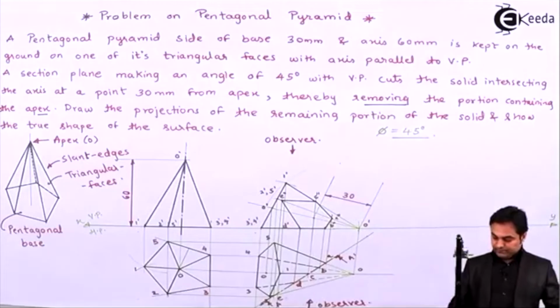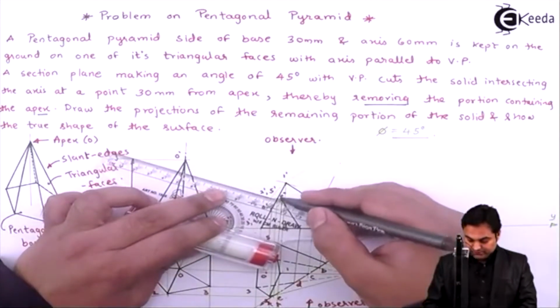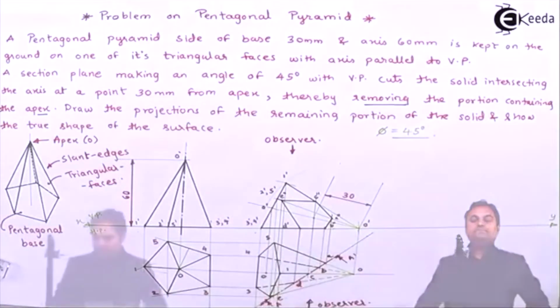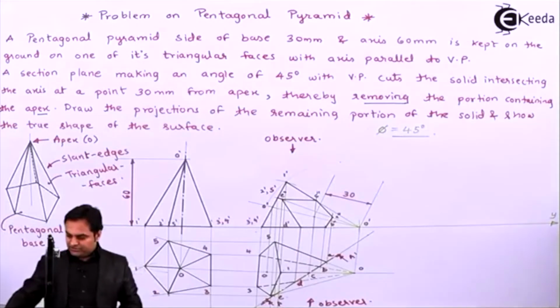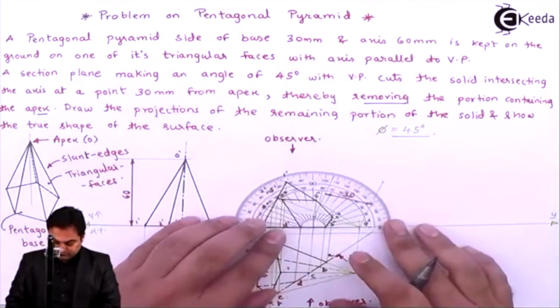Then point E, and at the same time 2 and 5 would be joined because this is an edge here. So here, after joining all these points, I'll draw the sectioning lines through it, inclined at 45 degrees.